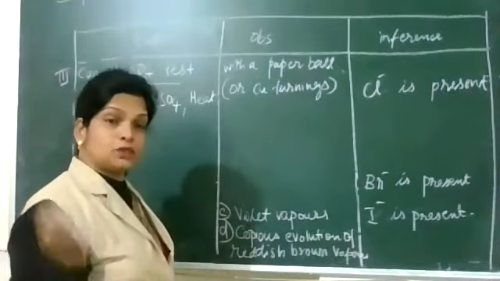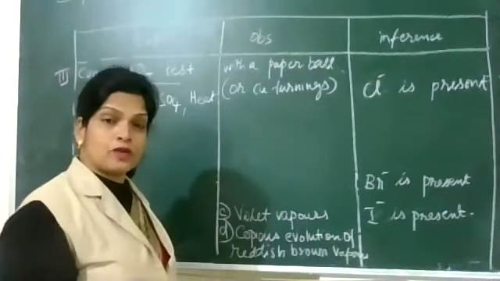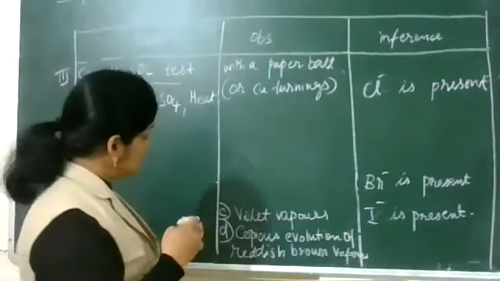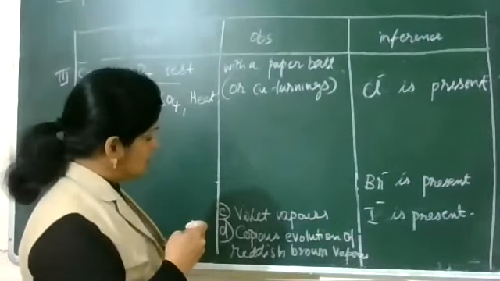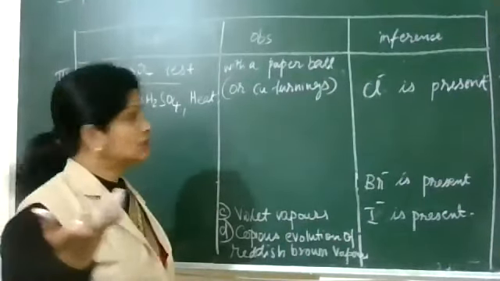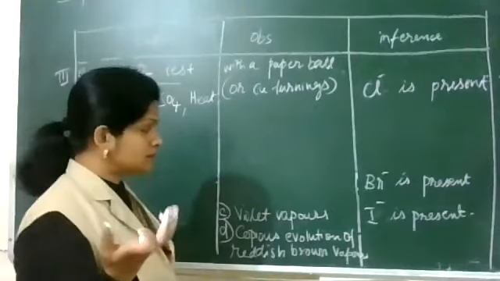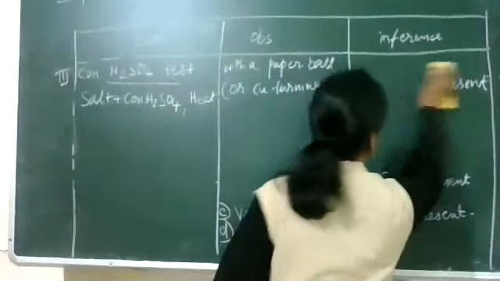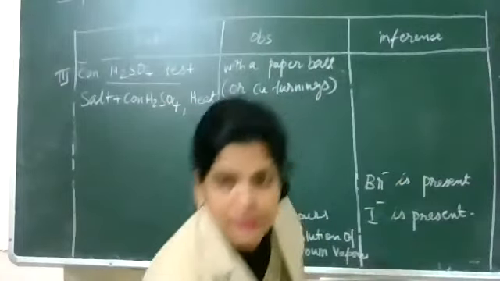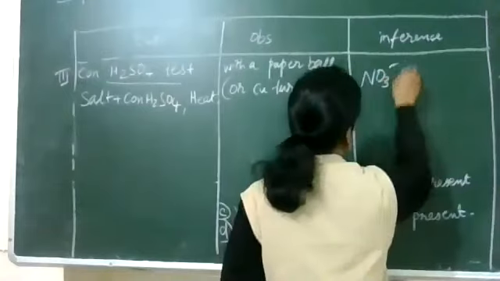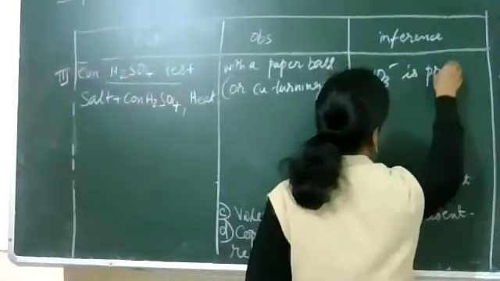Without adding this paper ball, if you are getting reddish brown vapors, wrong. By adding the paper ball, you are getting thick reddish brown vapors, then nitrate, NO3 minus, is this.